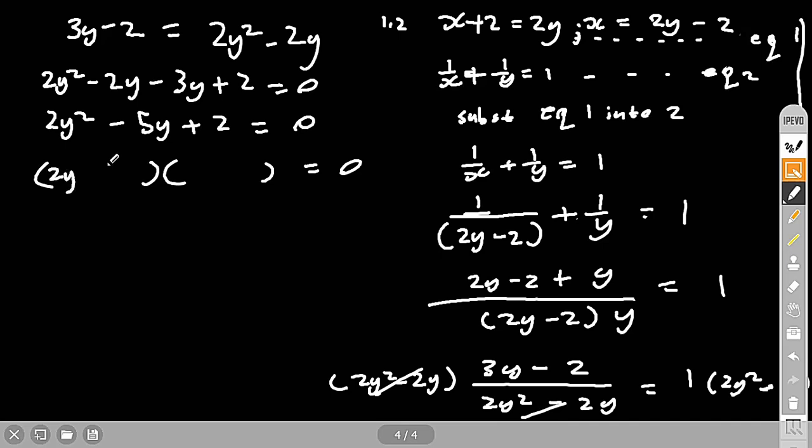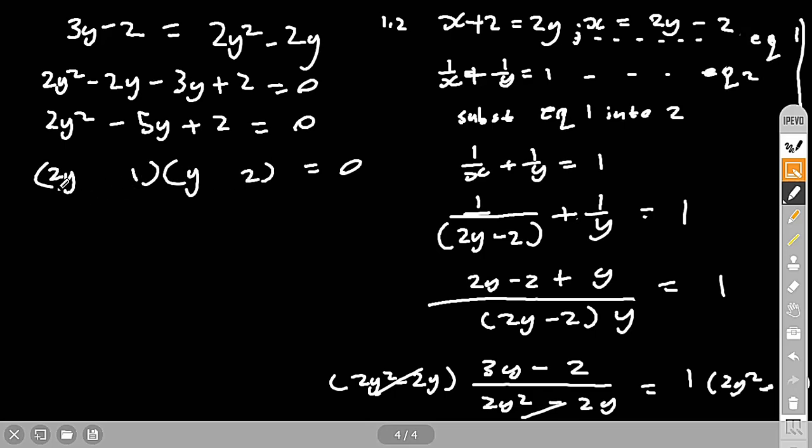So if it's 2y and y, factors of 2 is 2 and 1. So you have to check if you put 2 here at this side. The trick is putting the right value on the right side. If you put 2 here, now 2 times 1 will give us 2. So the trick is putting 2 this side.